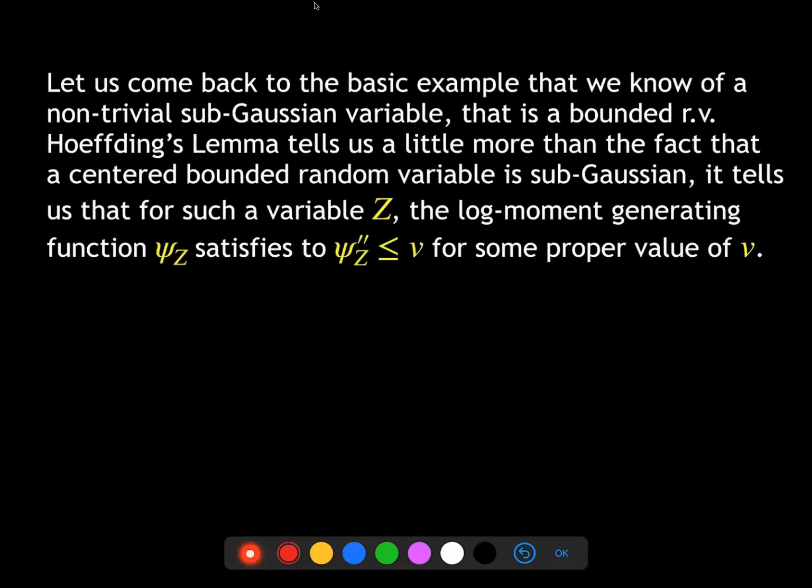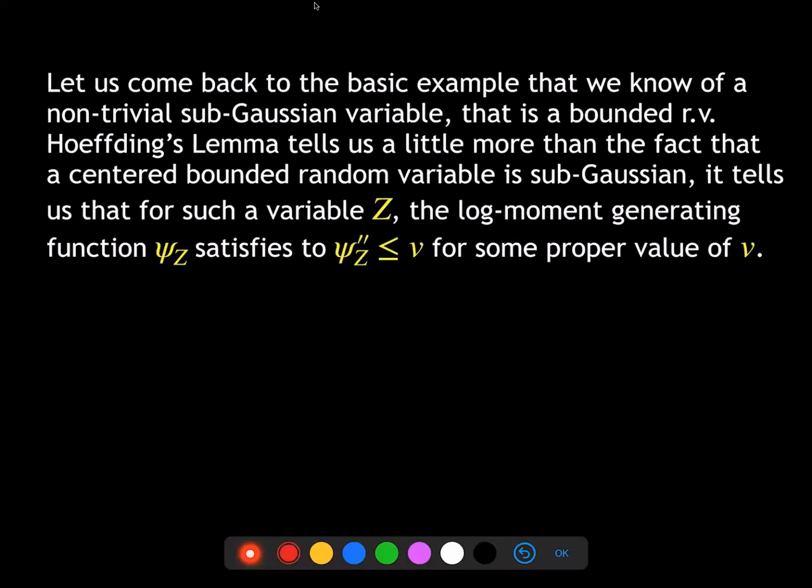Okay, so let's come back to the situation that we have faced when we have looked at the simplest example of sub-Gaussian variable, that is the example coming from Hoeffding. Let's go back to Hoeffding. Hoeffding tells us that the bounded variable is sub-Gaussian, but it tells us something which is slightly stronger.